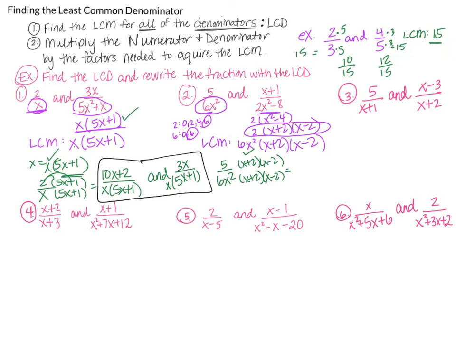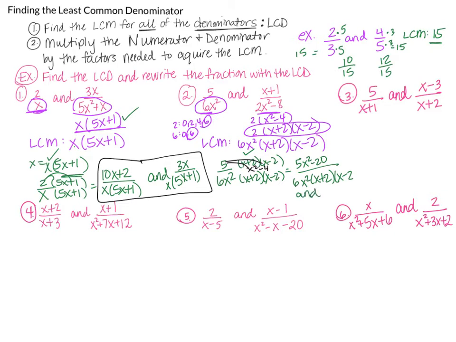Well, I know that x plus 2 times x minus 2, if I FOIL that back out, would be x squared minus 4. So when I start distributing, I'm going to distribute my 5 to that value there. Okay, so I'm going to get 5x squared minus 20 on the top if I multiplied it all the way out. Remember, I'm going to just leave that denominator. I'm not doing anything to it. Right?